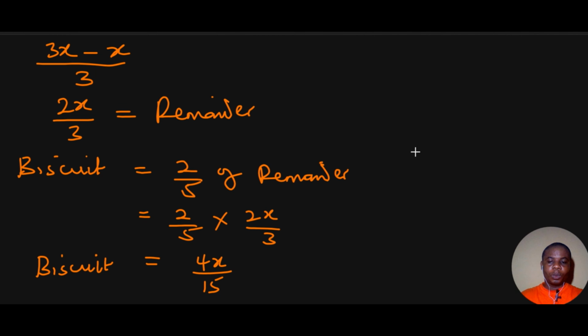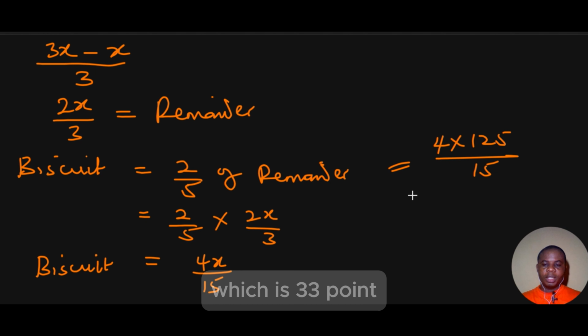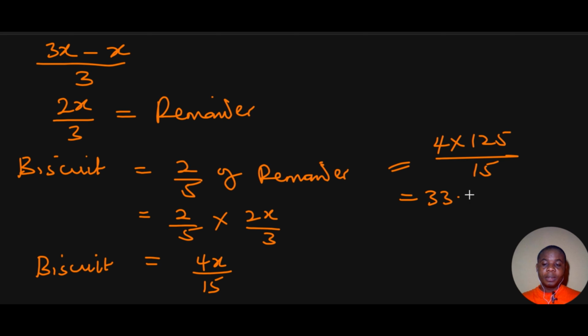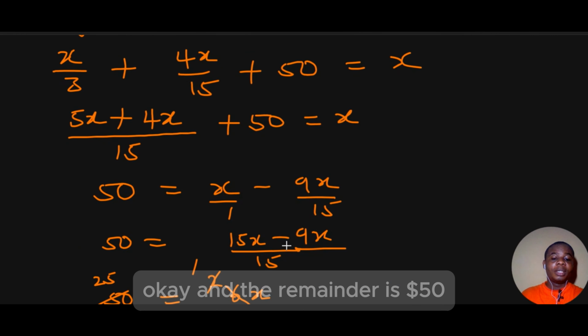That's 4 times 125 over 15, which is $33.33. Okay, and the remainder is $50.